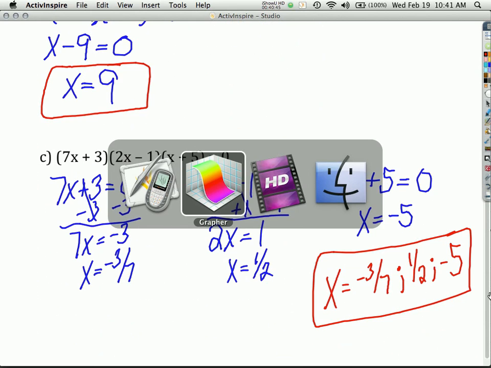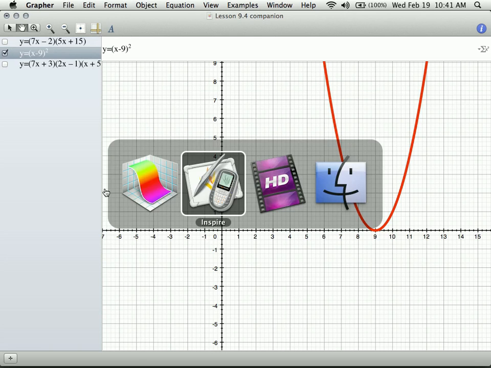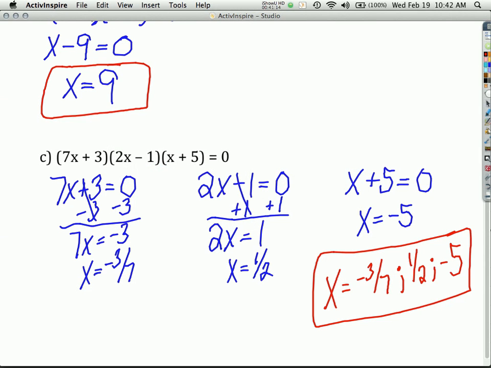All right, so let's take a look. So here is what the graph looks like. If my computer will cooperate. I apologize, I have no idea what happened.